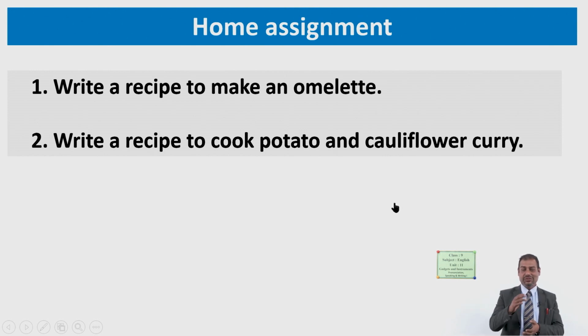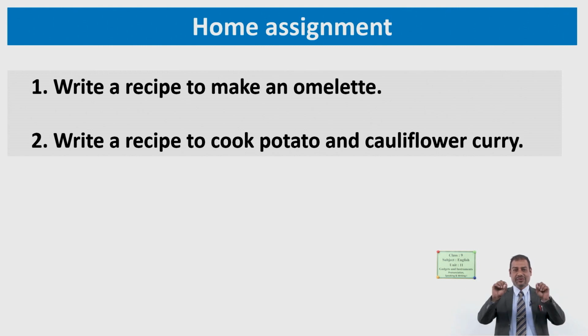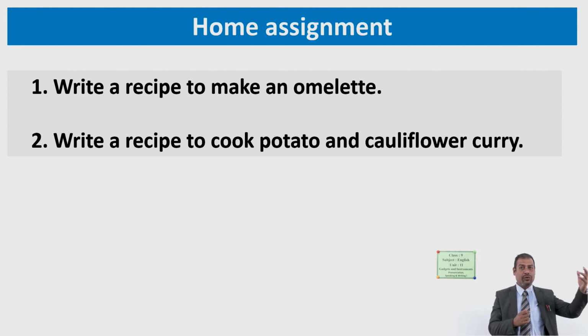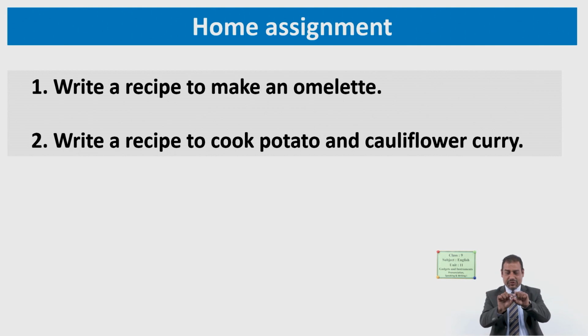Dear students, if you don't know, then today your job is to go to your kitchen and make an omelette first. And then you have to cook potato and cauliflower curry. And then what you did first, and then what you did in the third step, in the fourth step, if you write it down in your exercise book, then that becomes your recipe.